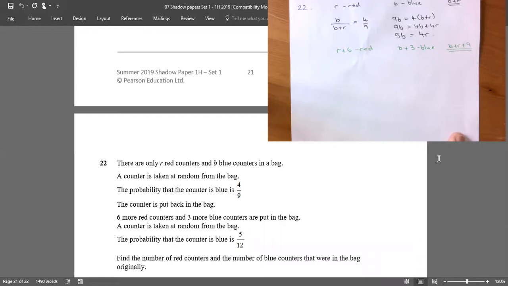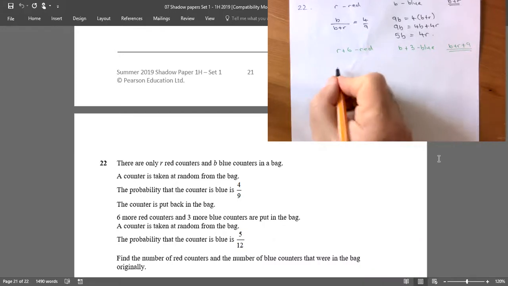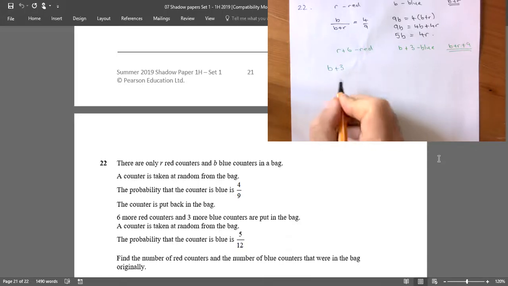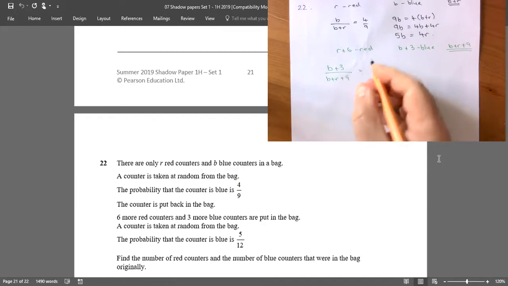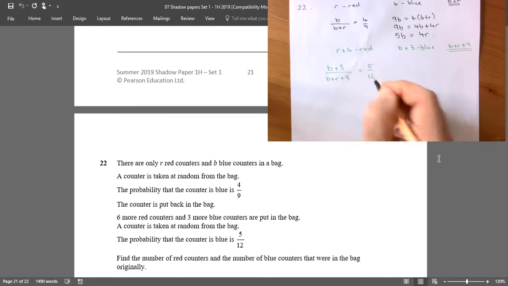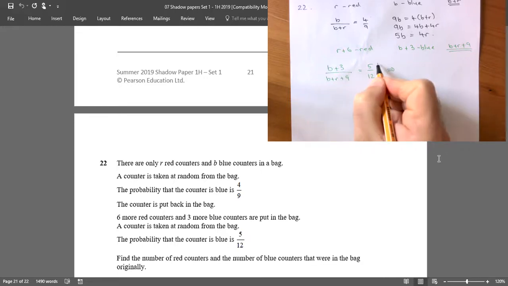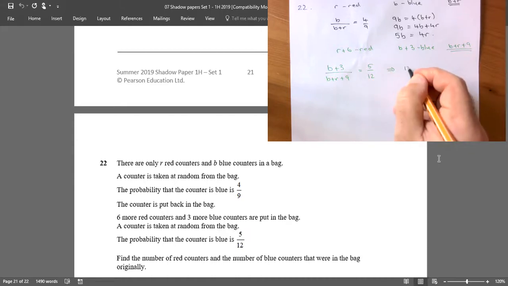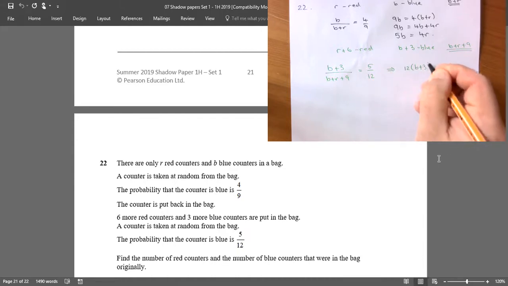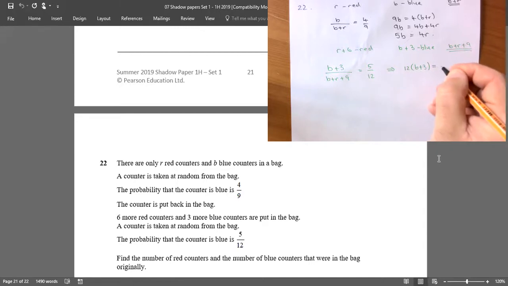So now it says the probability of taking the blue counter is 5/12. So B plus 3 over B plus R plus 9 equals 5/12. So in the same way, let's multiply the 12 up to this side and the B plus R plus 9 up to this side. 12 lots of B plus 3 must equal 5 lots of B plus R plus 9.